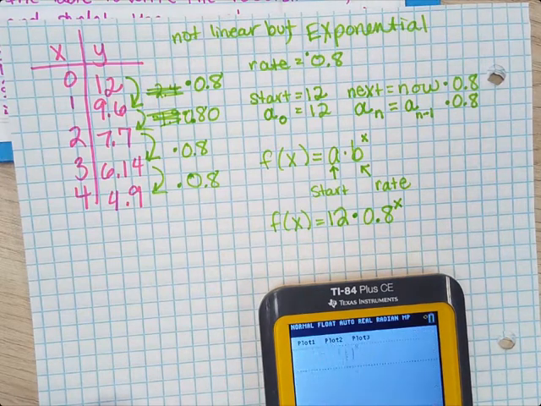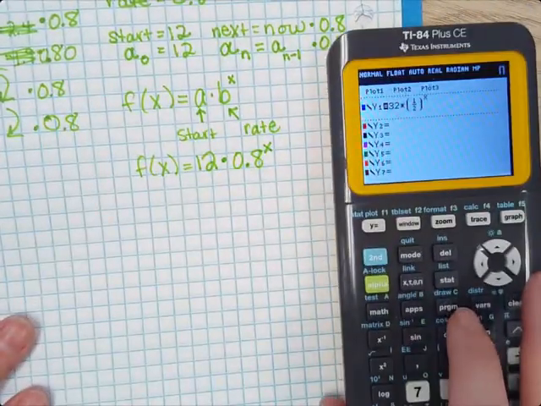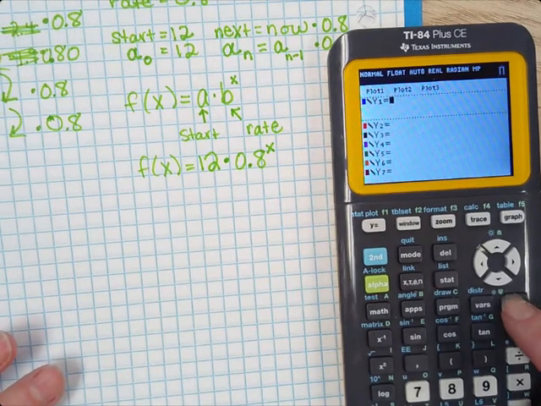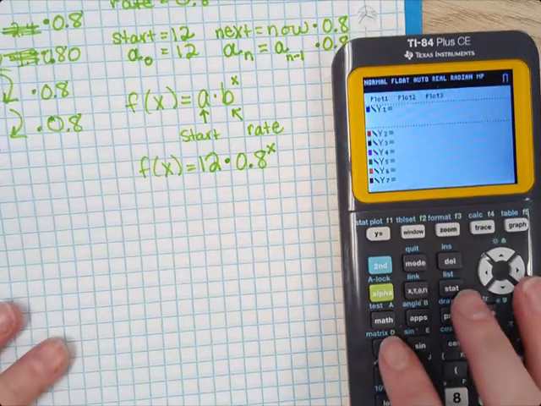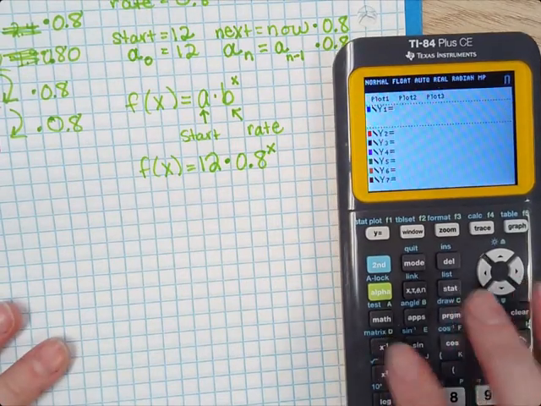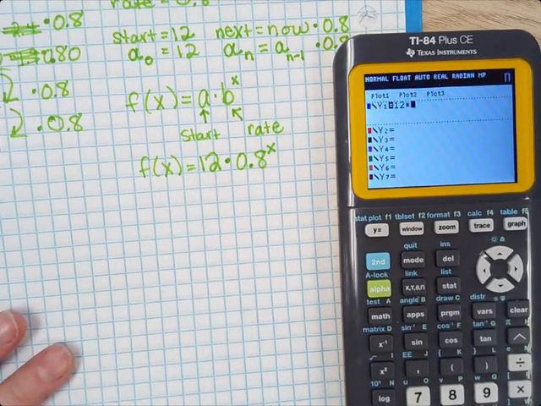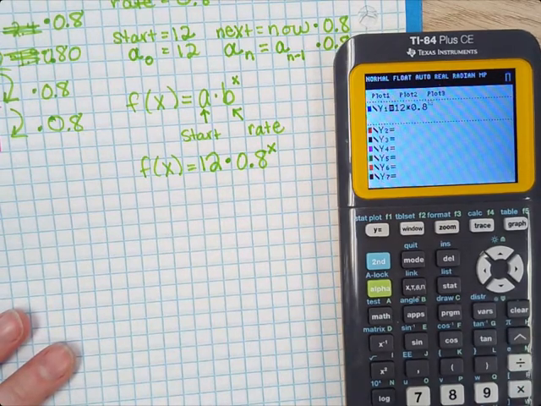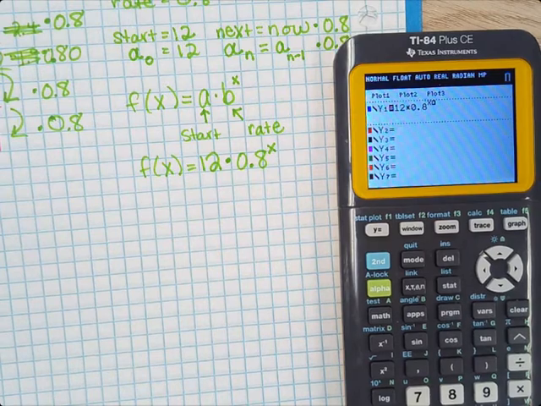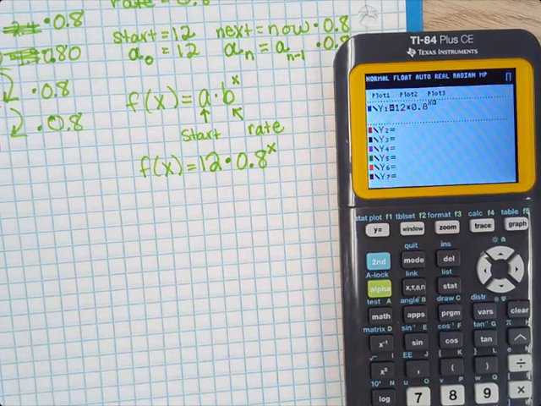So let's look at it on a graph so then we can sketch it out. Everybody go to y equals. Let's put this function in. So it would be 12 times 0.8 raised to the x value, or x exponent, x power.